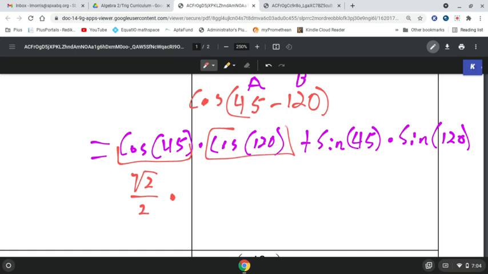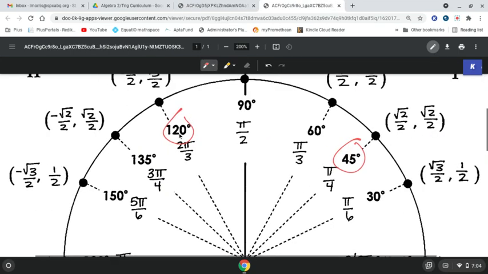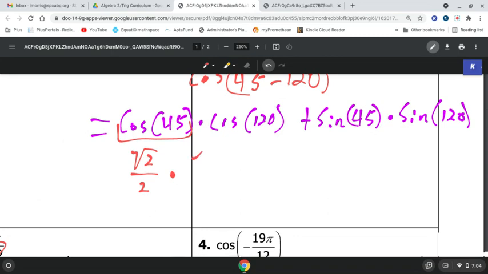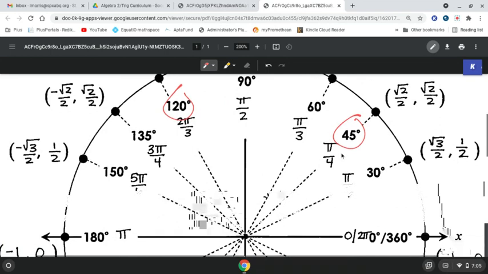Now we're going to look at cosine 120. So if we look for cosine 120, we're going to go to 120 and look at the x-coordinate. So negative 1 over 2 is cosine of 120. And those two are going to be multiplied together plus sine of 45 degrees. So we're going to go back to 45 degrees.